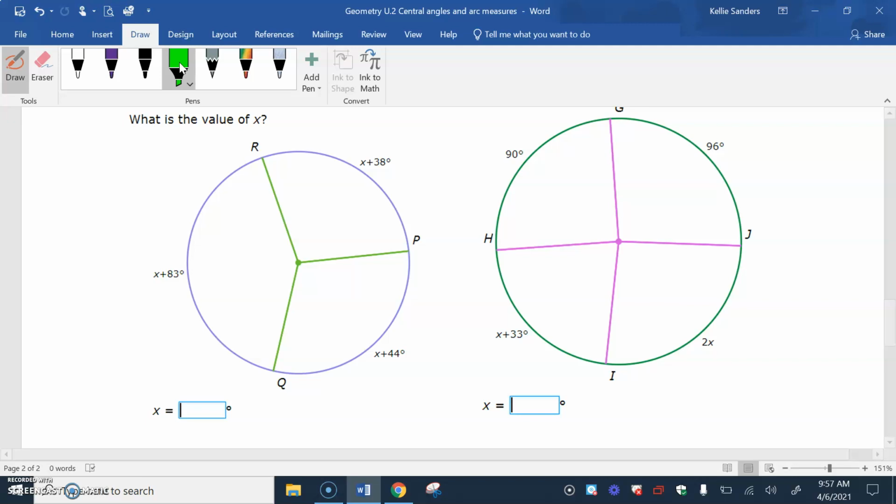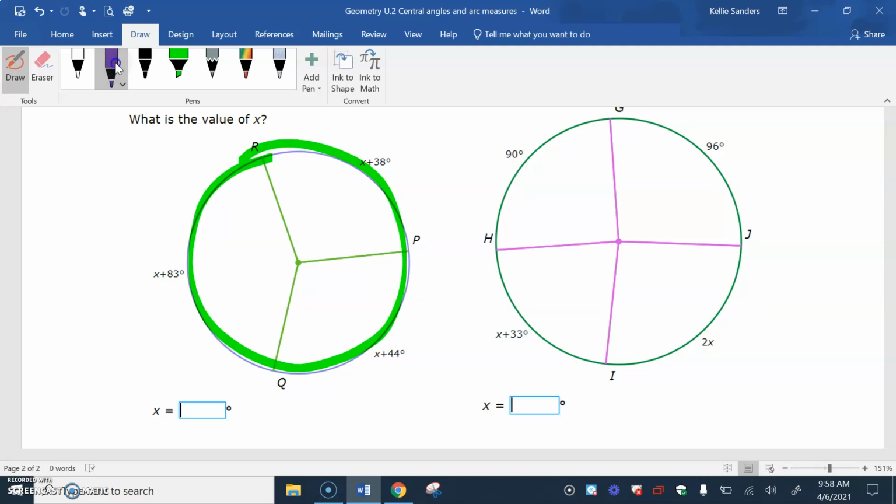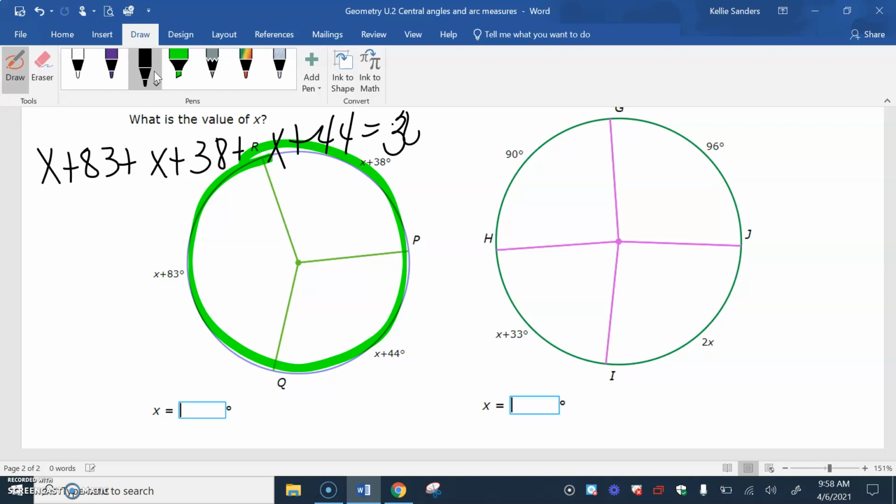Just like what we just got finished doing, all of these added together makes the circle. So x plus 83 plus x plus 38 plus x plus 44 get you 360. 1x, 2x, 3x.